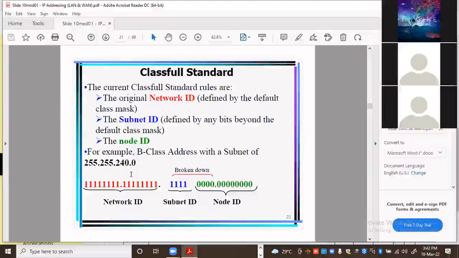And then we said 0.0.0. So there are 3 octets left.